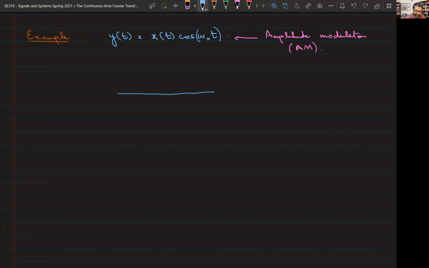And what that cosine does is, if for example this is x of t, the cosine omega naught t is typically of a much higher frequency than the rate at which the signal varies, and therefore, as you suggested, it becomes an envelope. And so this is what y of t looks like, and the envelope of y of t is x of t.